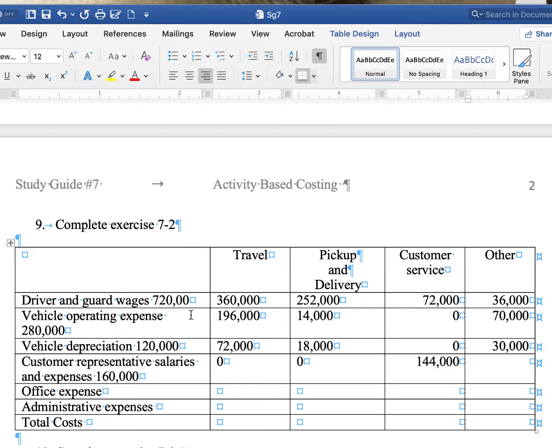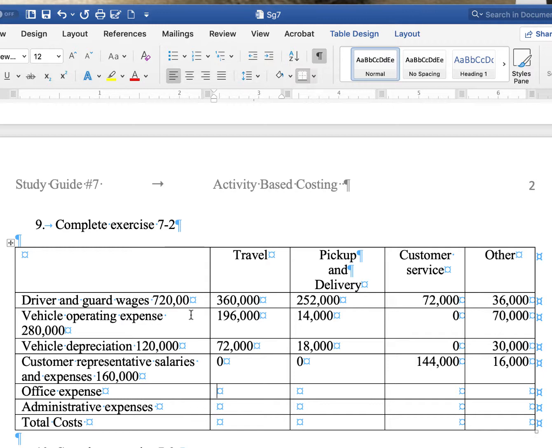Then we have this category of other, right? Other. Well, that's organizational sustaining activity. We really don't care about it, but we're still going to calculate it out. 10% of organizational sustaining activity consumes customer service salary and expenses. So 10% of 160,000 is 16,000.